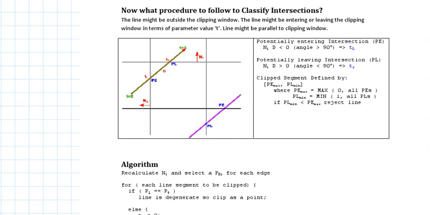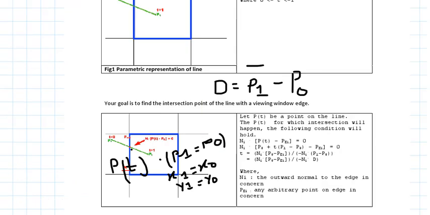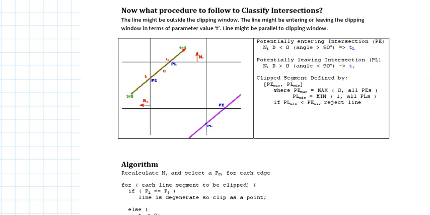So if you recall the previous discussion, this is actually your D vector. So in this example, this line itself is your D vector. Then with respect to the left edge, this is your outward normal vector Ni.